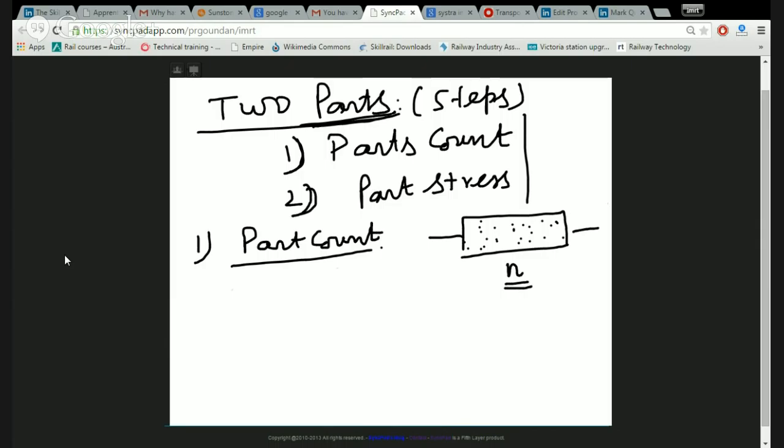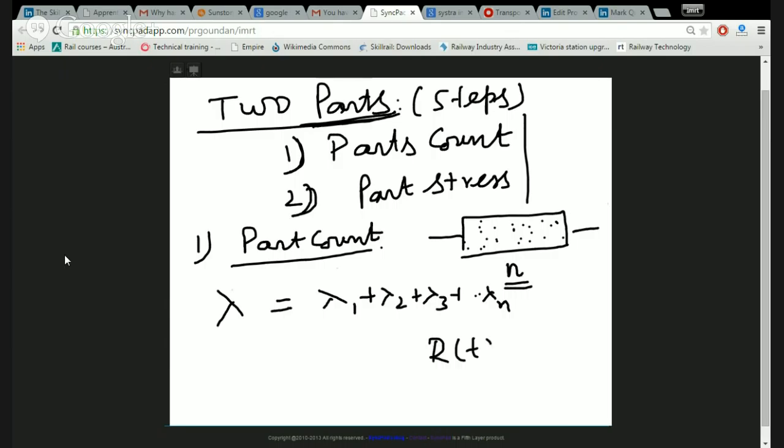So what you do, lambda for the board as a whole will be lambda 1 plus lambda 2 plus lambda 3 plus ... lambda n. So if I know the individual components' failure rates, I get the lambda for the board.